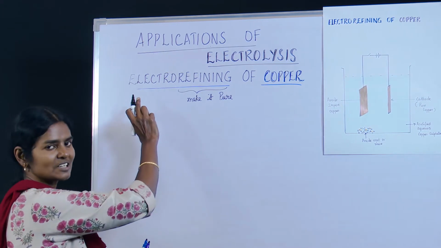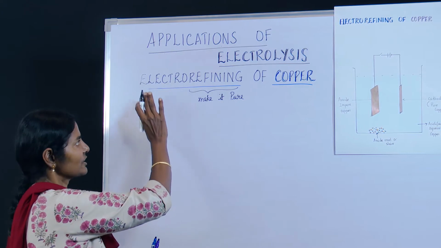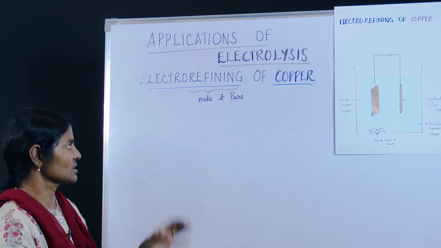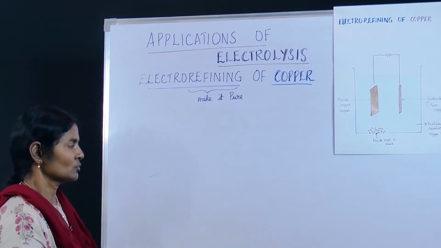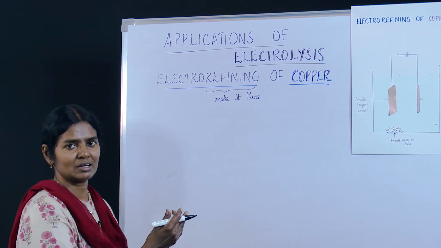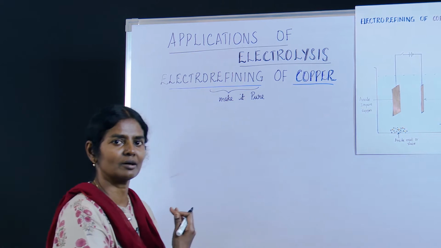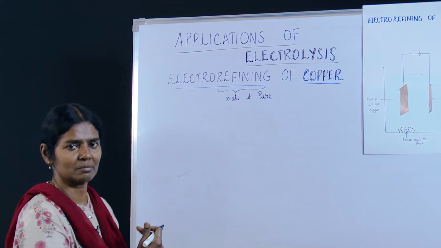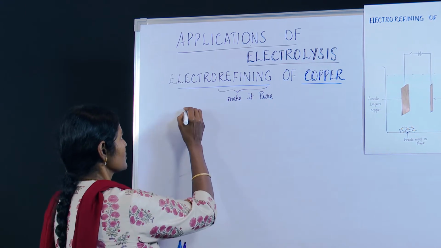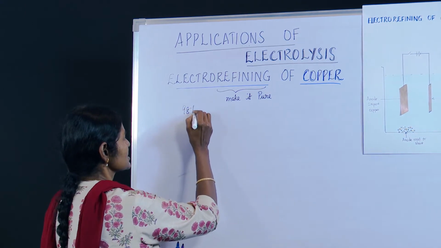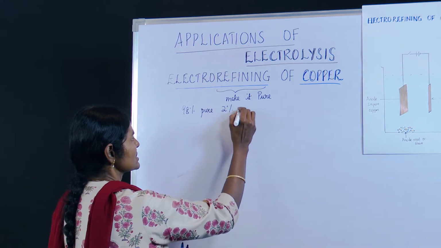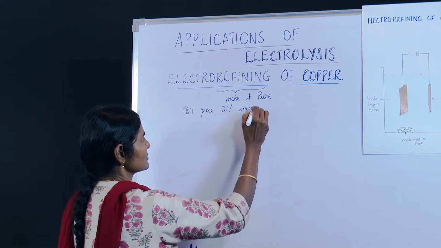In the presence of electricity, or electrolytically, when you are making something pure, that's called electro-refining. Basically you are purifying an impure metal. By the end of stage 3 in metallurgy, the metal would be 98% pure and it would have 2% impurities.